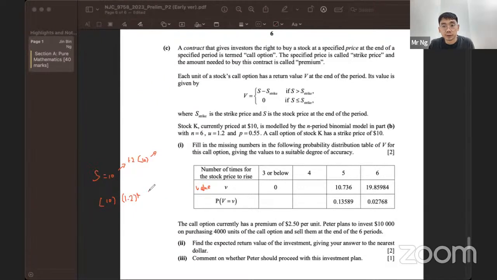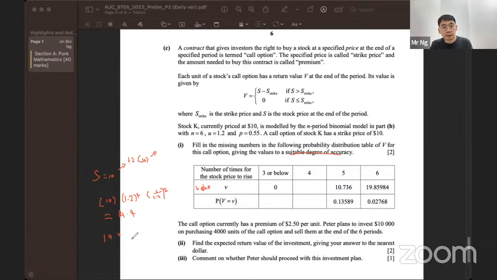Raising 4 times means you drop 2 times, so effectively you only raise 2 times. Okay, so 10 times 1.2 in total. Your value is only 14.4. I don't know what they mean by suitable degree of accuracy. So 14.4.